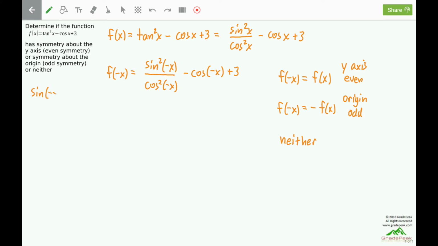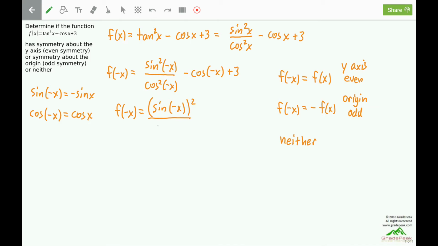The sine of negative x equals the negative sine of x, and the cosine of negative x equals the positive cosine of x. So f of negative x will be, sine squared means to evaluate the sine first, so sine of negative x, and then square the results.